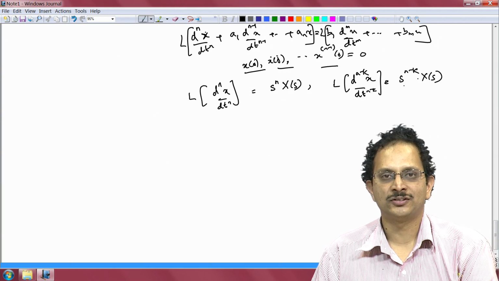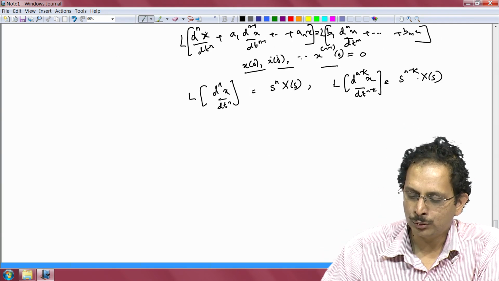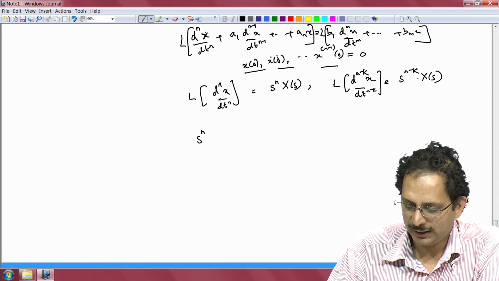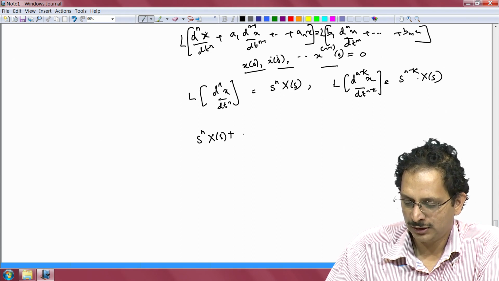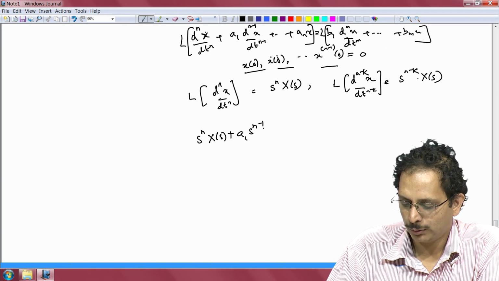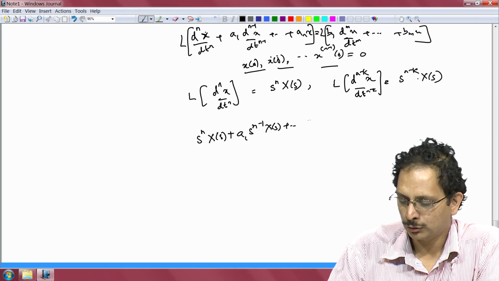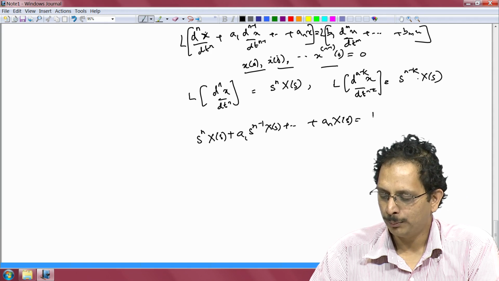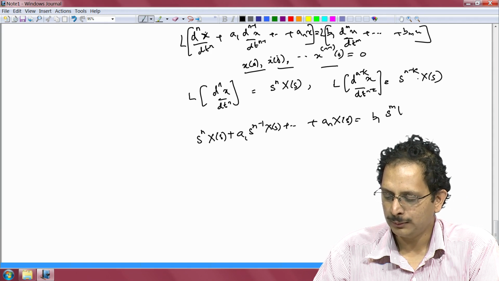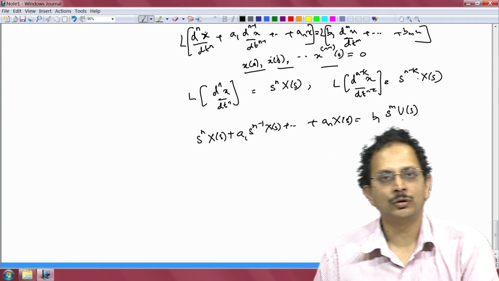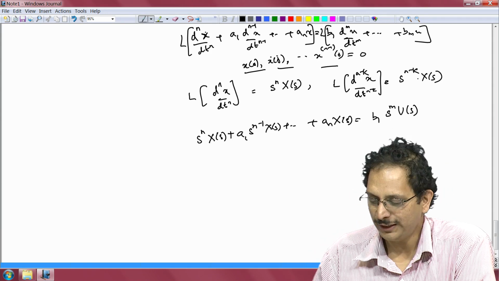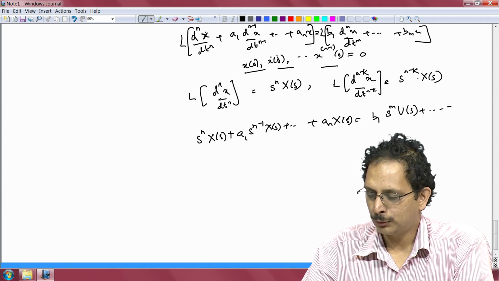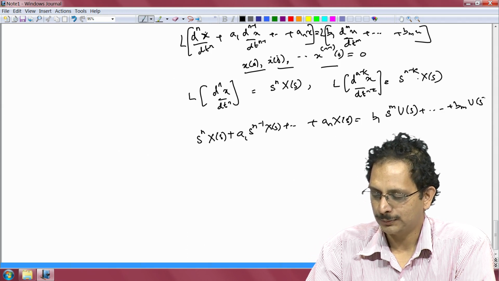So utilizing this fact, we can write out the Laplace transform of the terms on the left hand side to be s power n times x of s plus a1 times s to the power n minus 1 times x of s, and so on and so forth, plus a n times x of s, to be equal to b1 times s power m times capital U of s, where capital U of s represents the Laplace transform of u of t, plus so on and so forth up to bm times u of s.